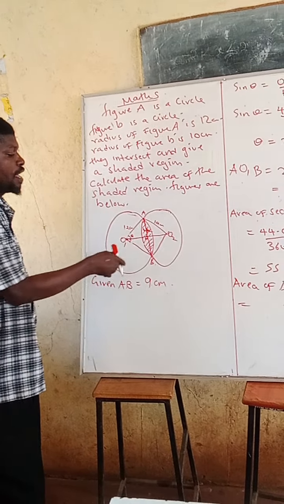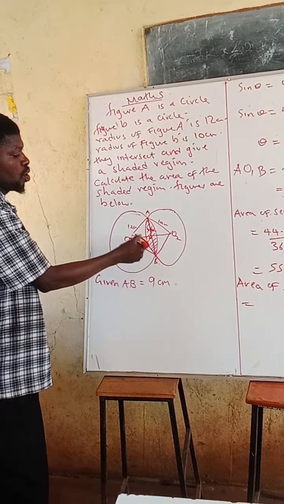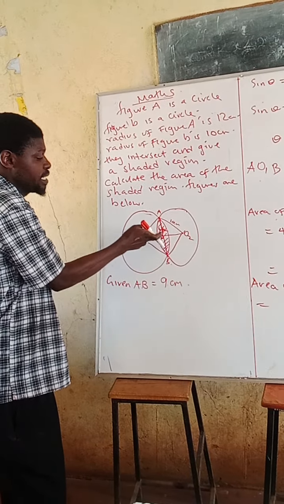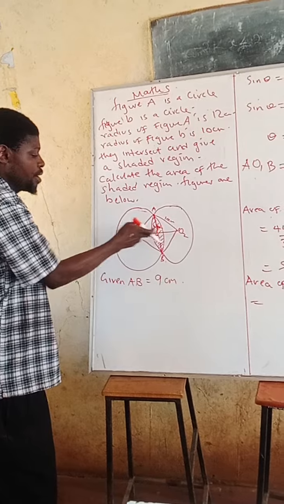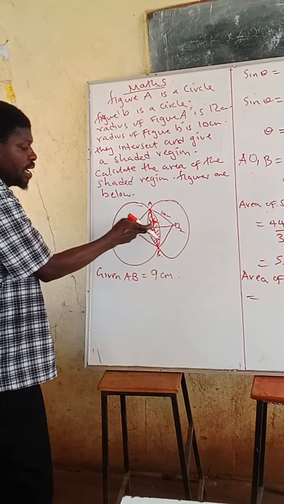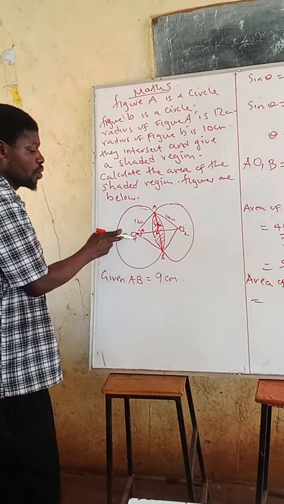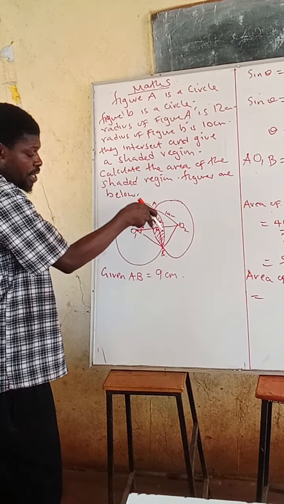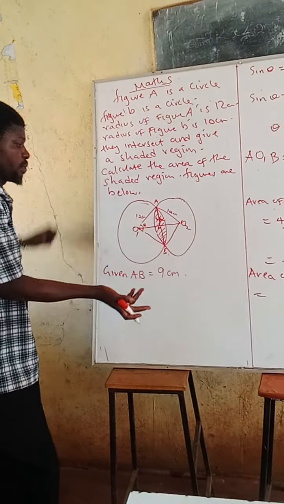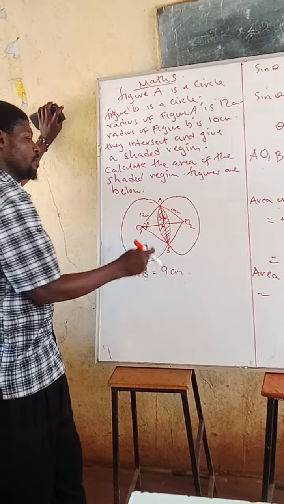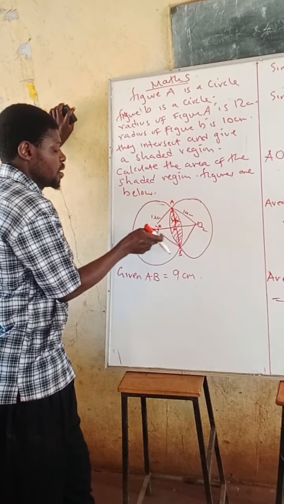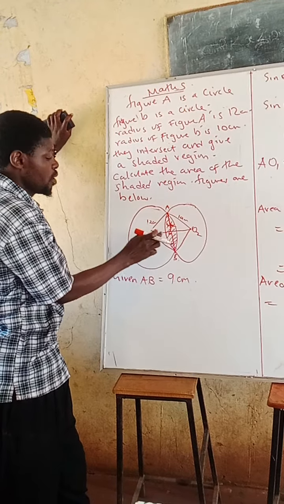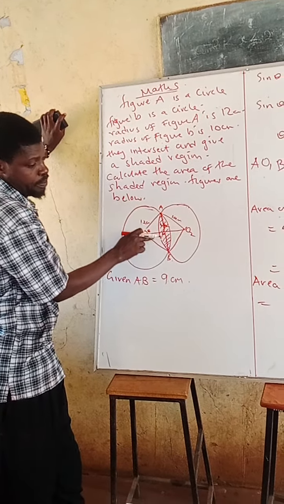But if you are going to take the triangle, its base is AB times height, the height of this triangle, NO1. And NO1, we may find through using Pythagoras theorem: 12 squared minus 4.5 squared. We get that answer, then we get the square root.